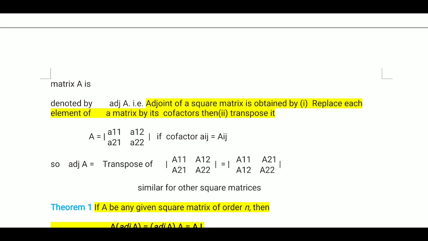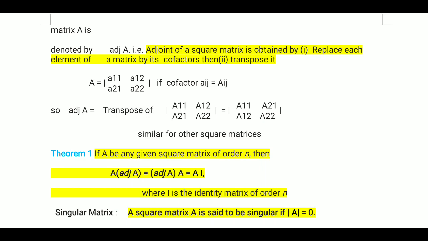and then transpose it, meaning rows and columns are interchanged, then we get a matrix which will be called the adjoint of the matrix. Here we have to transpose A11, A12, A21, A22. So we get A11, A21 and A12, A22. Transpose means rows and columns are interchanged.